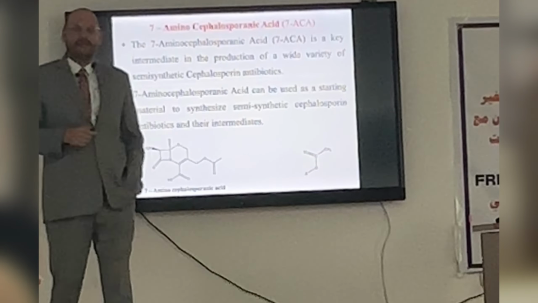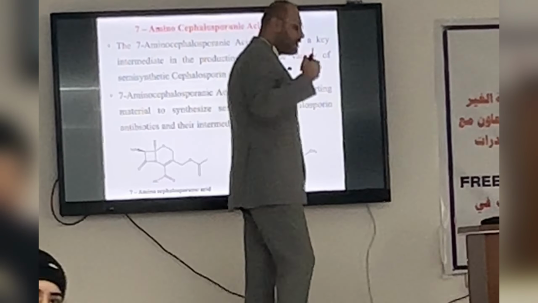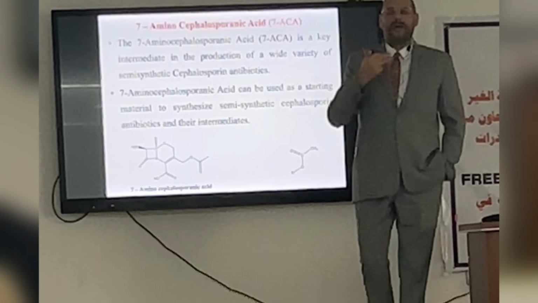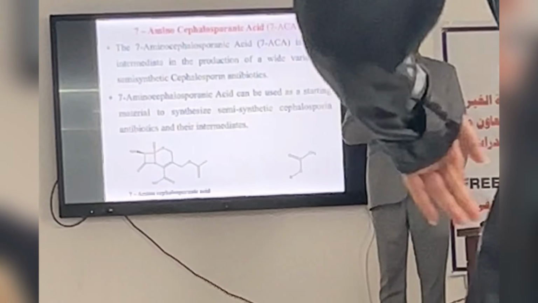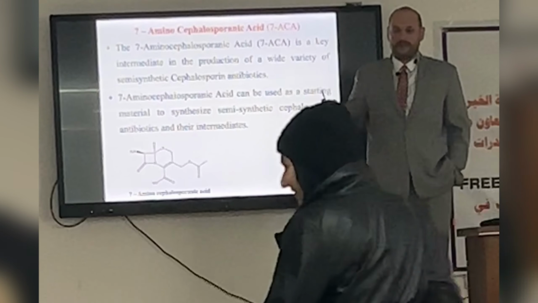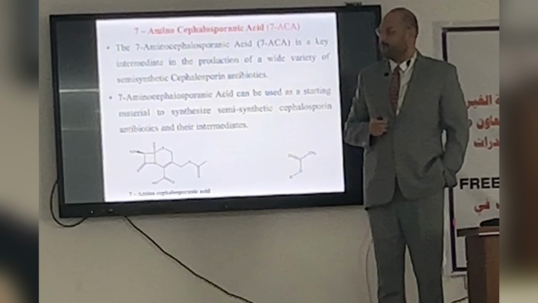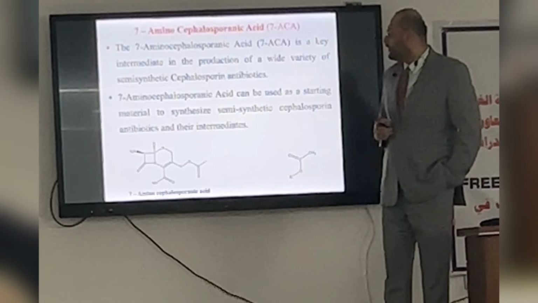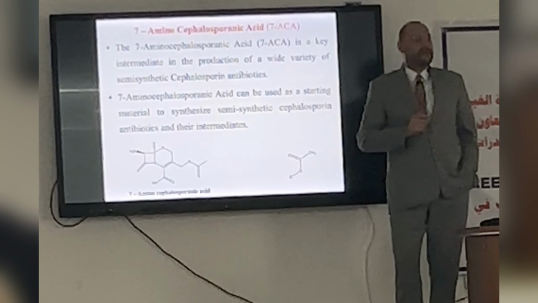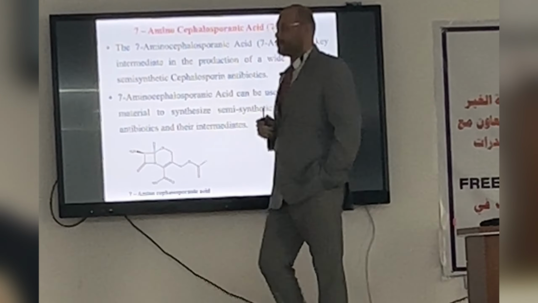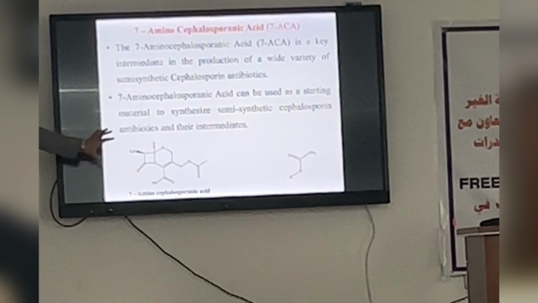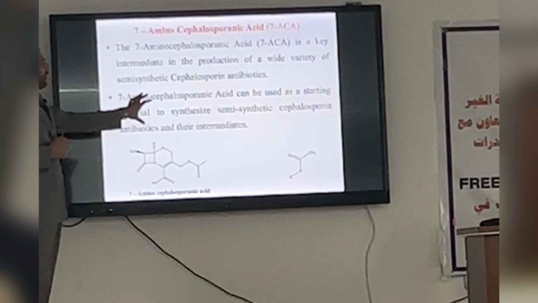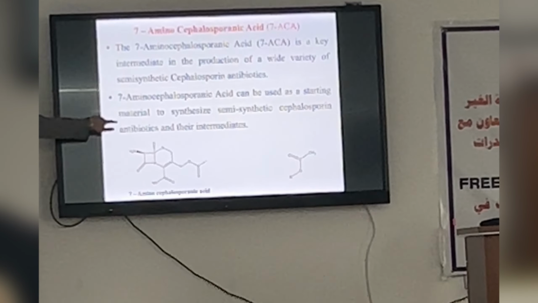It means it is the backbone, the main structure. On this structure we make the modifications that we want. A wide variety of semi-synthetic cephalosporin antibiotics. So it is the main structure that you must memorize. So 7-aminocephalosporanic acid is the starting material.